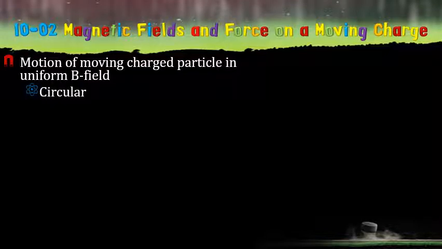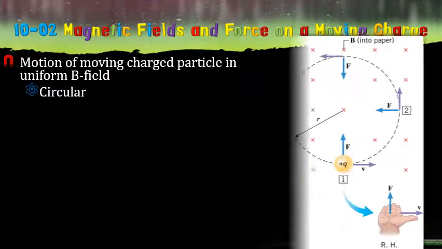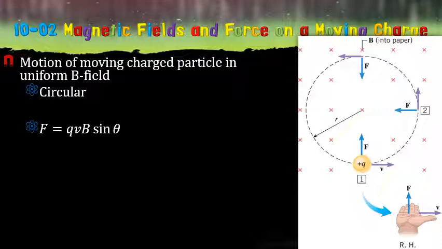The motion of a moving charged particle in a uniform magnetic field, uniform meaning it's all the same, would be circular. Here's why. So if I take position 1 at the bottom, you can see here, this is the right-hand rule for it. The X's mean it's going into the paper.